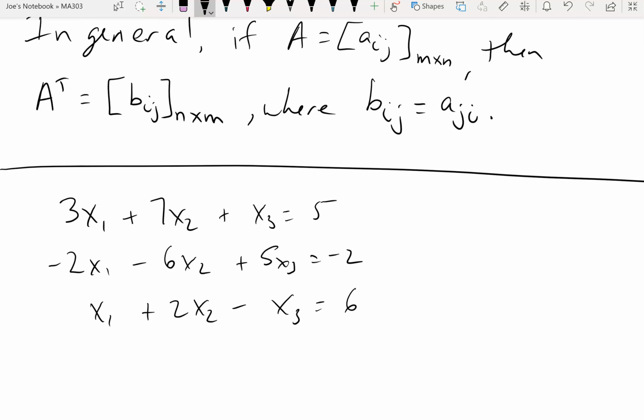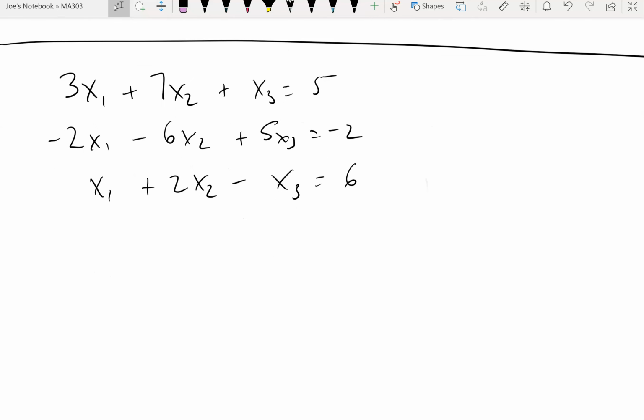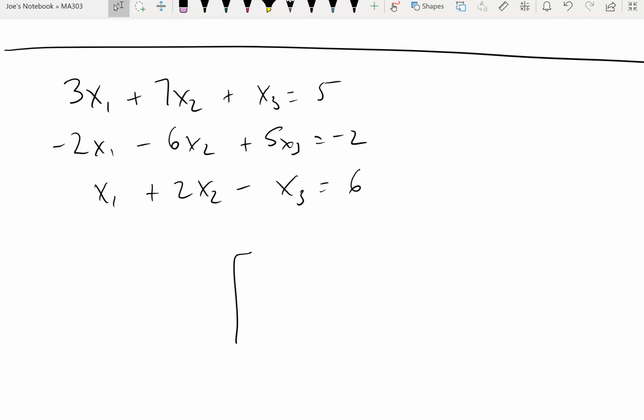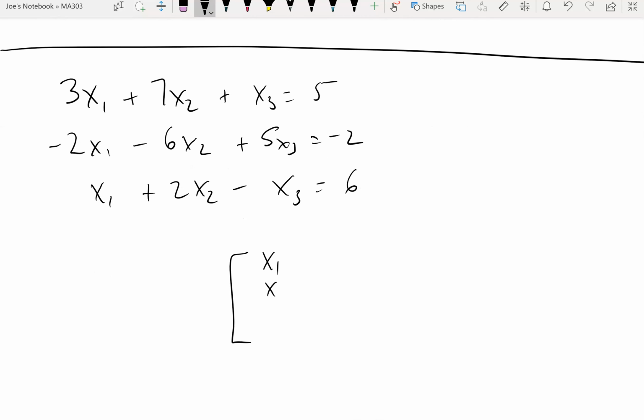So we notice, at least I hope we notice, that if I think about matching it up with the x1, x2, x3, that would be the column I would need to match it up with. It's the one that stays the same as I go down the rows, correct?